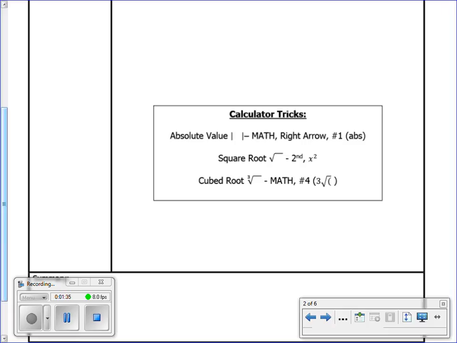To get the square root symbol, you must press second, which is your blue button, and then x squared. And finally, for your cube root, you have to hit Math, number 4. Once you do that, it'll take you back to your screen and pop up for you. So these are good calculator tricks that will help you.